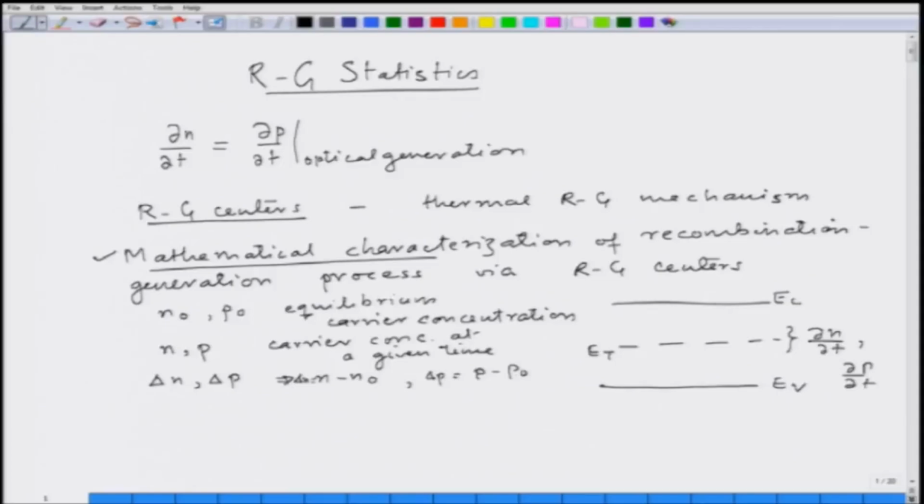We further define, because we have put these RG centers which are the mid gap states, capital N T as the total number of RG centers in the semiconductor.